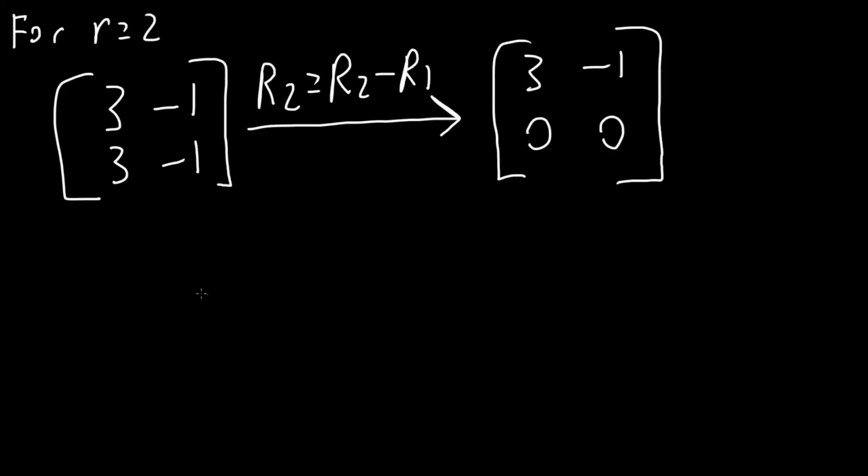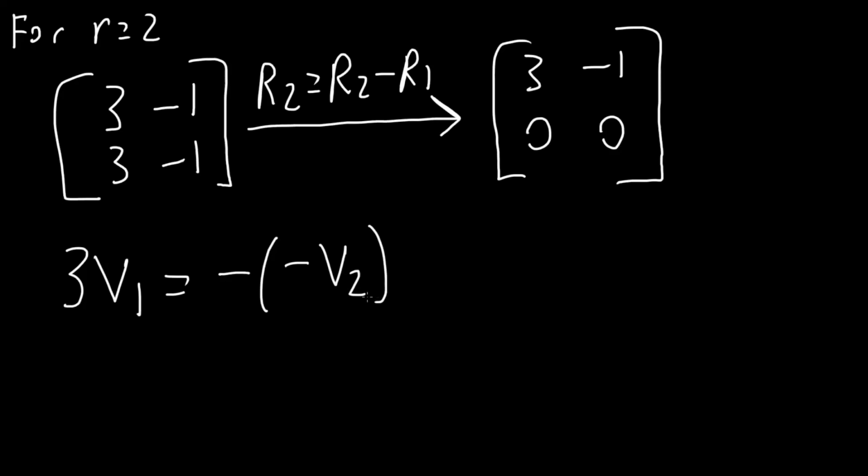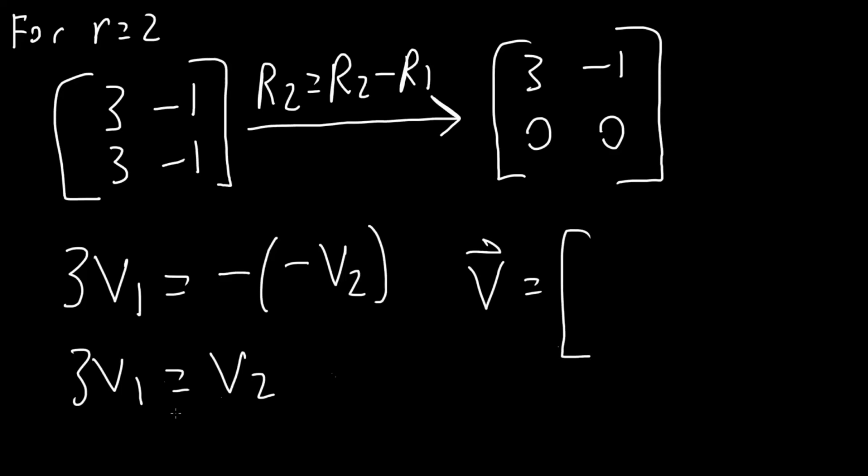So we can say that 3v1 is equal to minus (negative v2). Therefore, 3v1 is equal to v2. If, for example, v1 is equal to 1, plugging in 1 here, then v2 is 3.